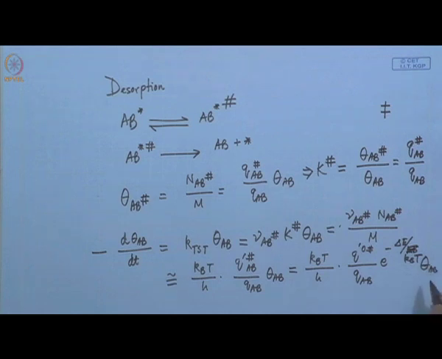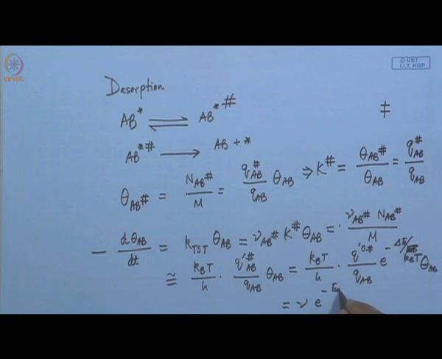Okay, so that means your nu into e to the power minus EA by KBT into theta AB. So this is the net rate expression. This is the exponential of the activation energy divided by Kb into T.